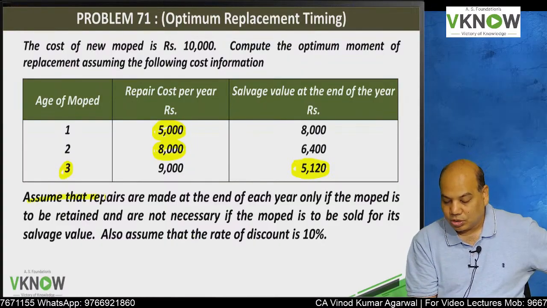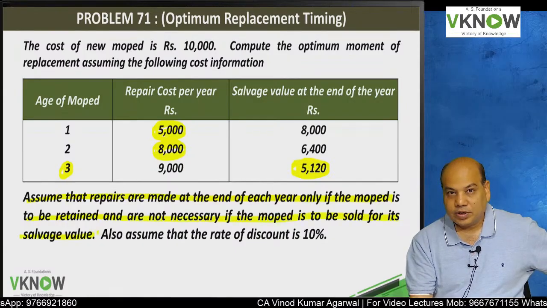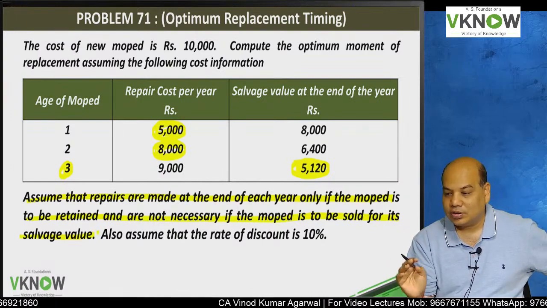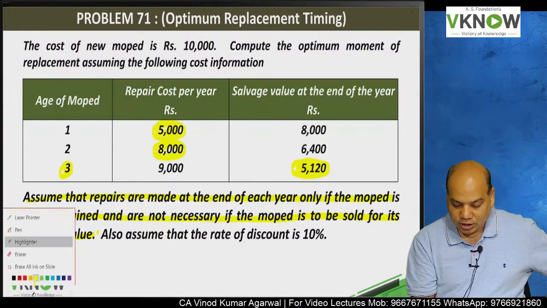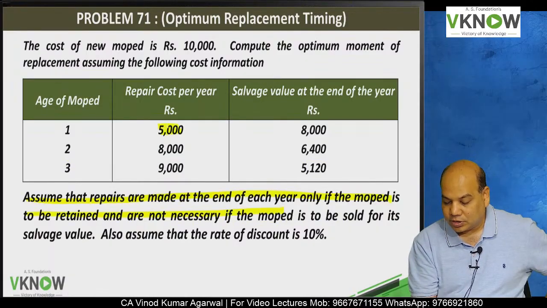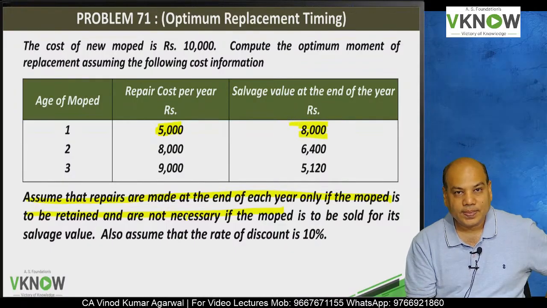Many students could not interpret this line, and they have taken repair cost in the first year also if the replacement cycle is 1 year. Follow the instruction given in the question. If this line was not there, then I would take repair in the first year 5,000 and salvage value also in the first year, both.